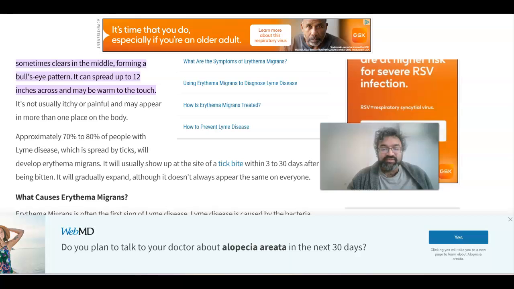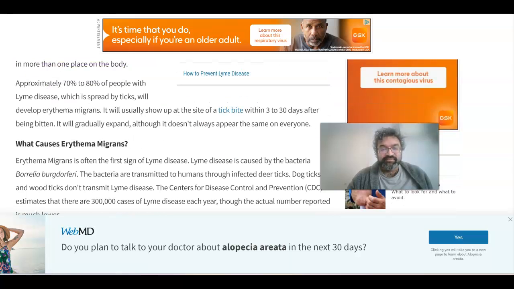So this is one of the most frequent symptoms that you see. It will usually show up at the site of the tick bite within 3 to 30 days, so it's somewhat difficult to look for patterns and a predictive outcome here.